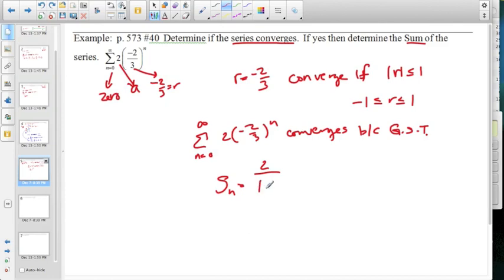The r value is -2/3. So that's the same as 2 over 1 plus 2/3. That's 5/3, so that's 2 over 5/3, which is the same as 2 times 3 over 5. So we're looking at 6 over 5 for the sum.